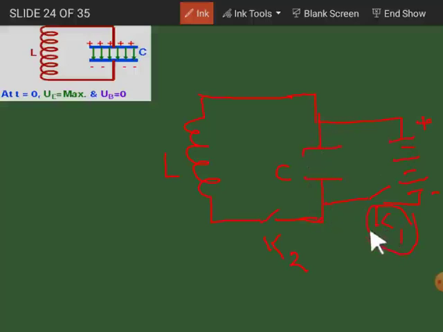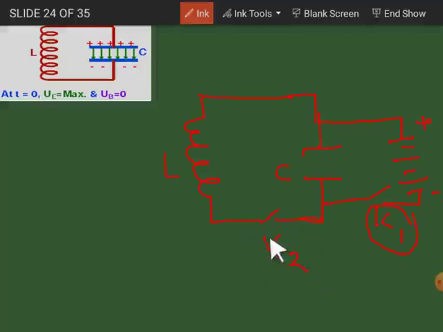When only K1 is closed, the capacitor will be fully charged, with positive charge on this plate and negative charge on the other plate. When it is fully charged, K1 will be put off, and then K2 will be put on.